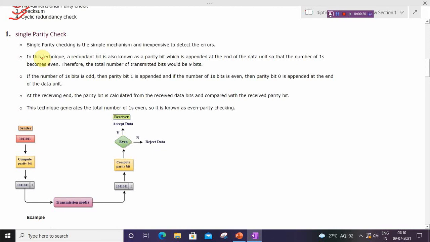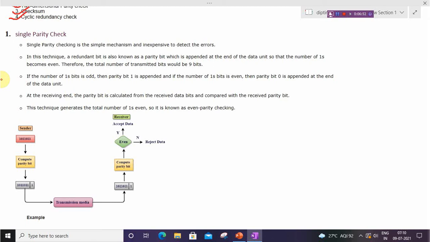So, single parity checking is a simple and inexpensive mechanism to detect errors. In this technique, a redundant bit, also known as the parity bit, is appended at the end of the data unit so that the number of ones becomes even.